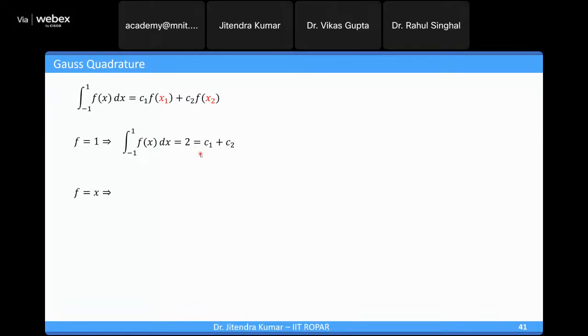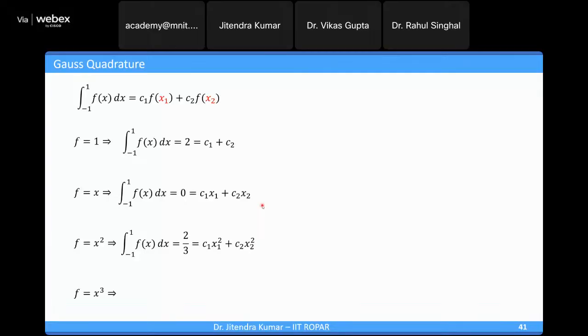We got one equation. If you take f(x) equal to x, again it should satisfy the equation. So you have 0, and the right-hand side will become C1 x1 plus C2 x2. So the second equation we got. The third equation, again, with x squared. The fourth equation you will get by integrating x cubed, which will give you 0, and the right-hand side will be C1 x1 cubed plus C2 x2 cubed.